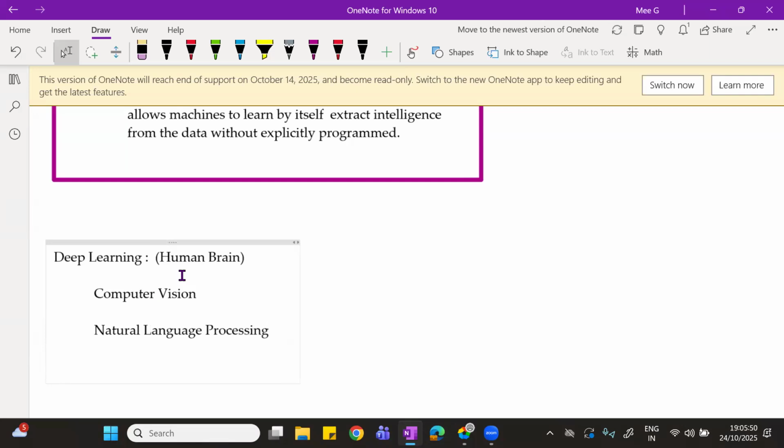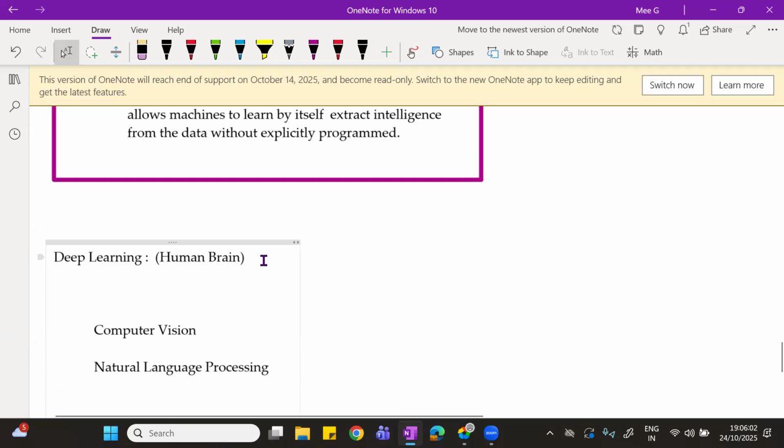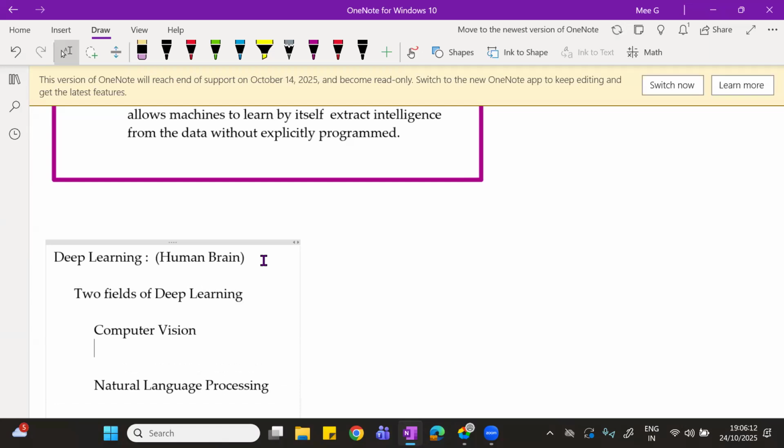Okay, now what is actually deep learning? First, before going into that, deep learning has two major fields.